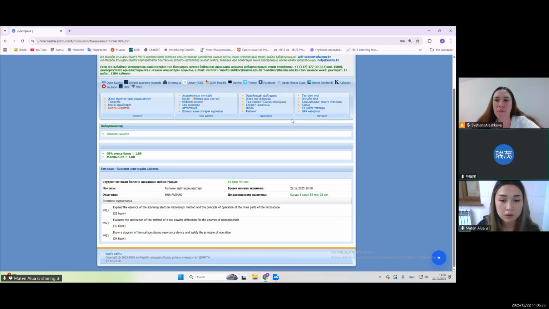Okay, an additional question. Do you use the SEM, the X-ray powder diffraction, and the plasmon resonance machines, these three types? Yes, I work with this analysis.